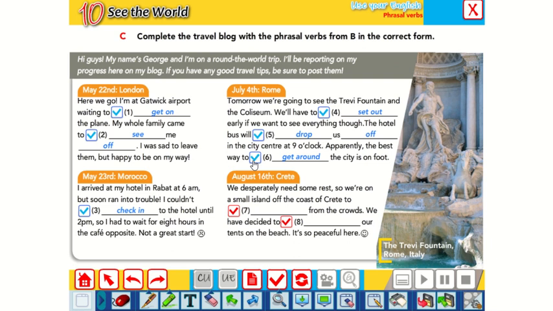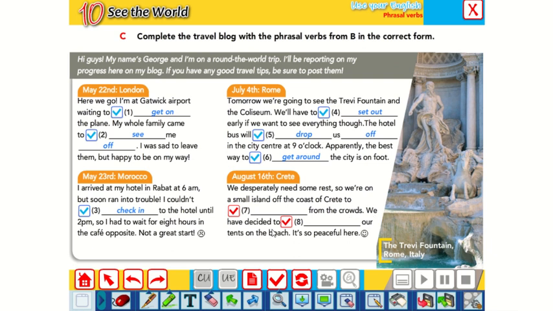August 16th, Crete. Okay, we desperately need some rest, so we're on a small island off the coast of Crete to space from the crowds. So what is the correct phrasal verb that we needed here? Exactly, get away. To get away from the crowds, okay? To escape from the crowds.